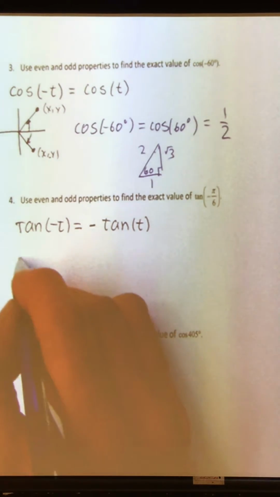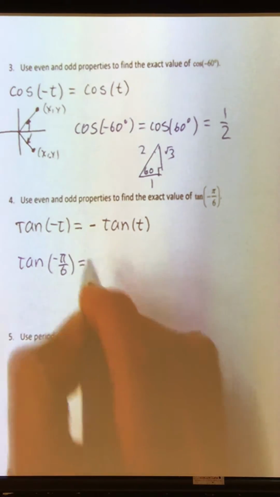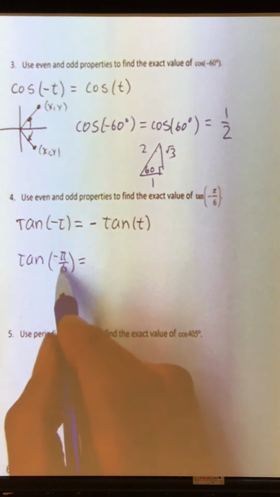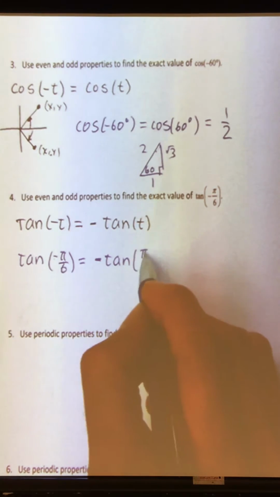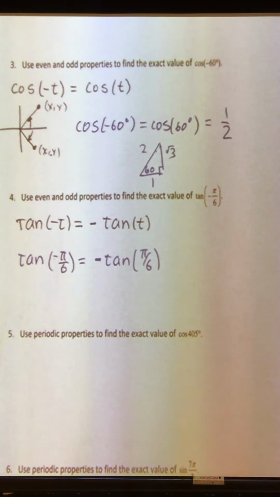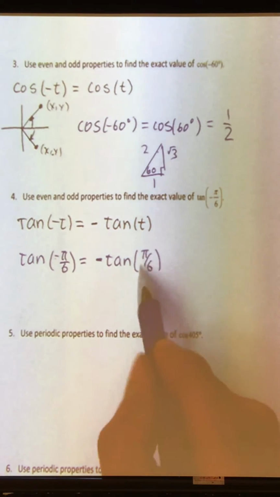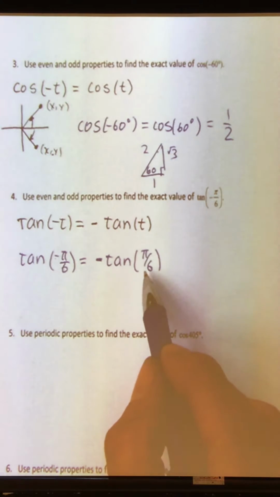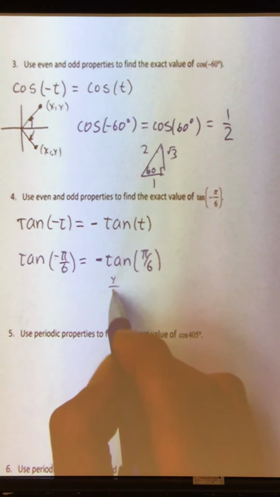So we're asked to find the tangent of negative pi over 6. The tangent of negative t is the opposite of the tangent of positive t. Using our same triangle as above, but this time working from our 30-degree angle, tangent is the y over the x.